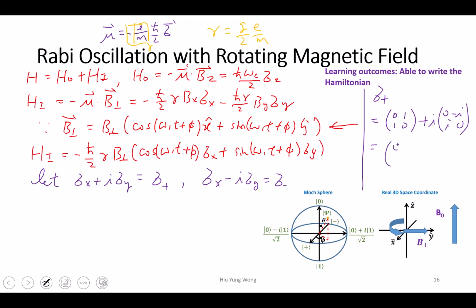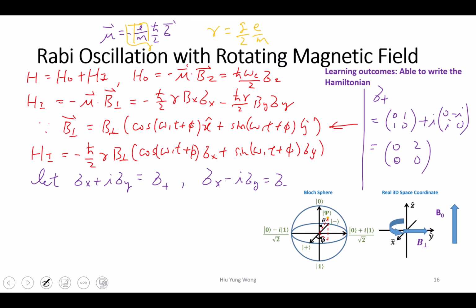So this gives me 0, 2, 0, 0. This is not a Hermitian matrix, not a unitary matrix, but it is a useful matrix called the raising operator. You might be able to see that if I start with a lower state, I can raise it to the higher state. But let's not worry about this, okay?